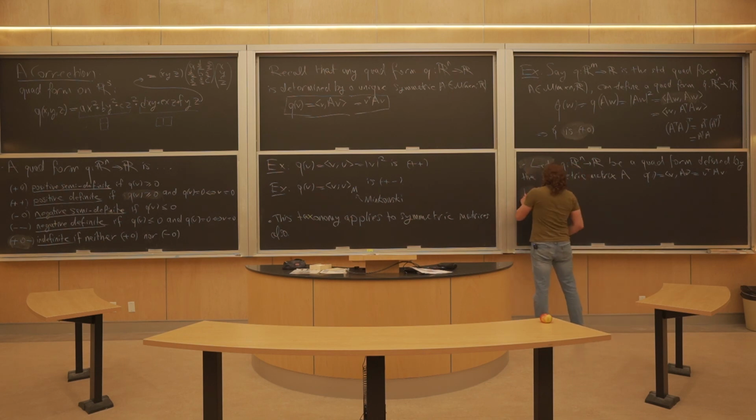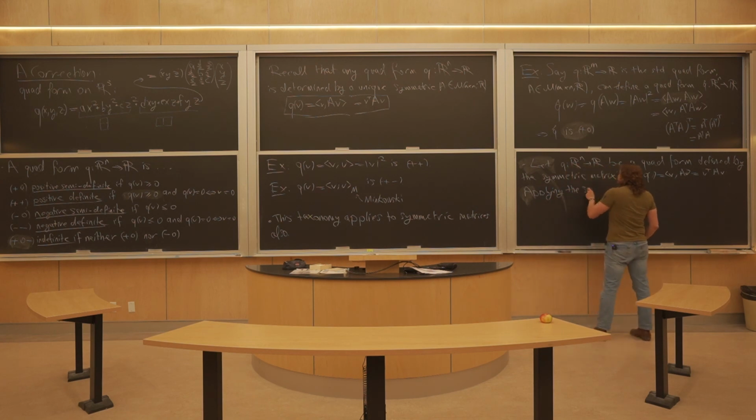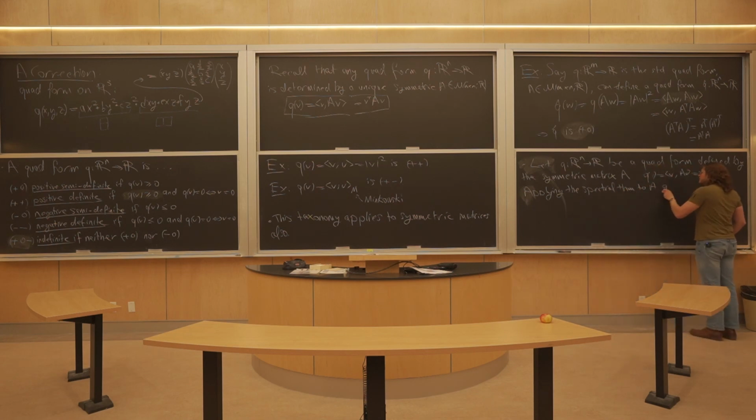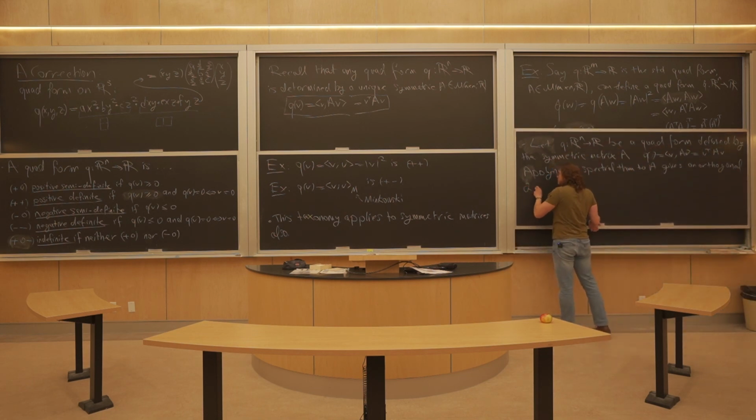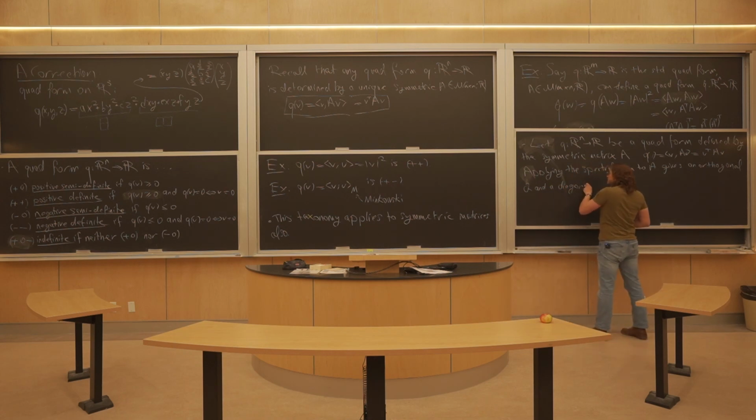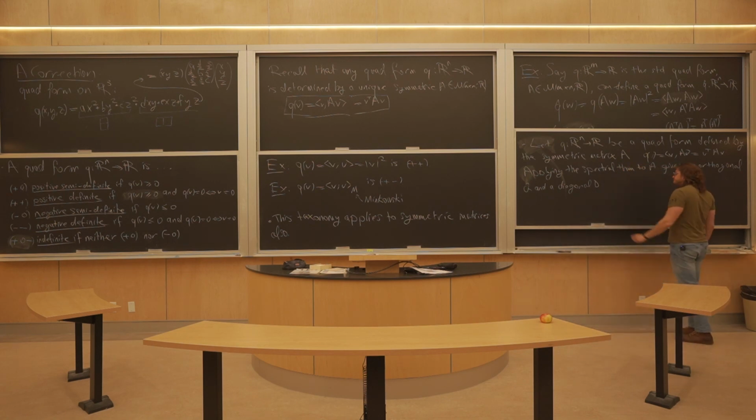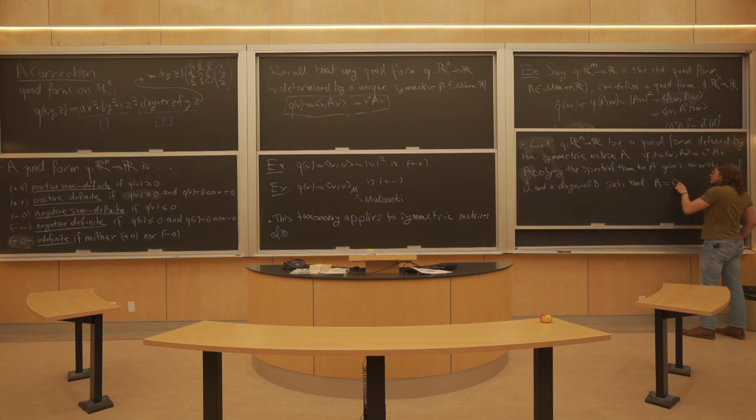Applying the spectral theorem to A gives an orthogonal Q and a diagonal D such that A equals Q D Q transpose.